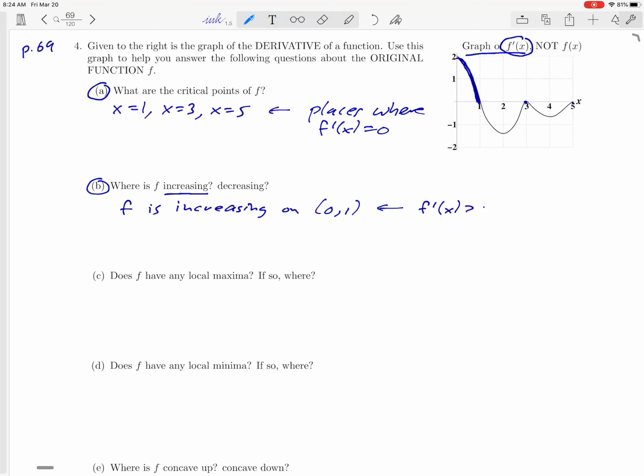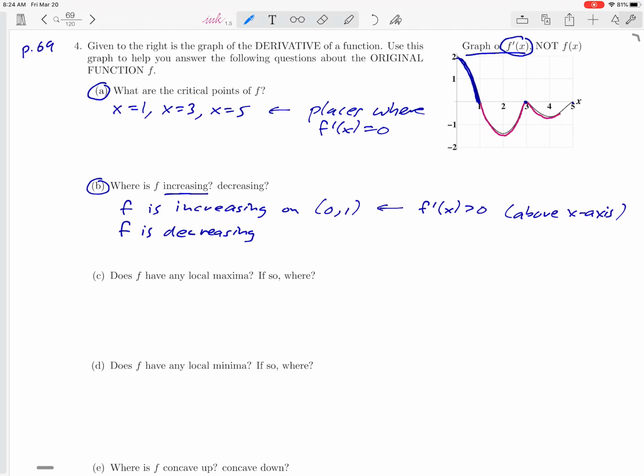We identified that interval just by noticing that the graph of our derivative was above the x-axis on that interval. So to answer the question of where f is decreasing, it's just the other way around. Now we're looking for where the derivative is negative, and that's where the graph of the derivative is below the x-axis.